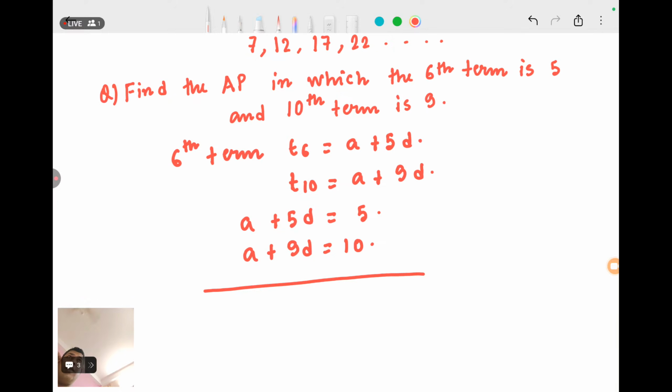By performing the linear equation in two variables method, we get minus minus minus. Now A cancels, it is minus 4D.